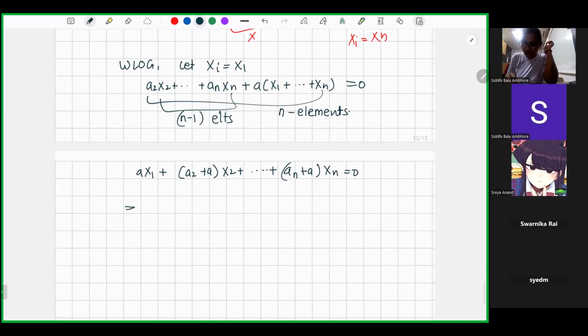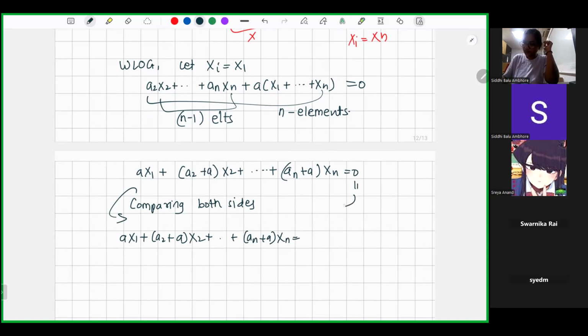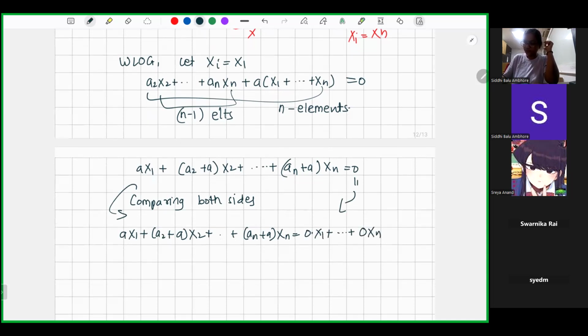So this implies what? If I compare both sides, then a must be 0. When I say comparing both sides, what it means is that this 0 is actually 0x1 plus up to 0xn.